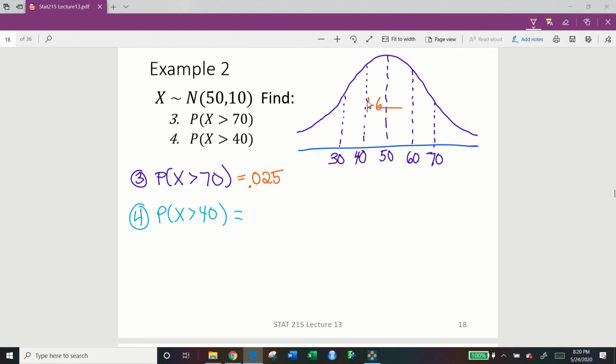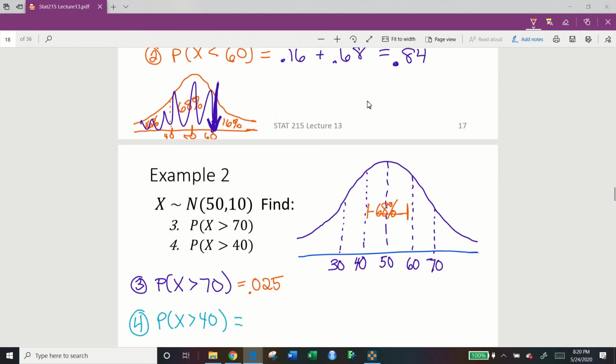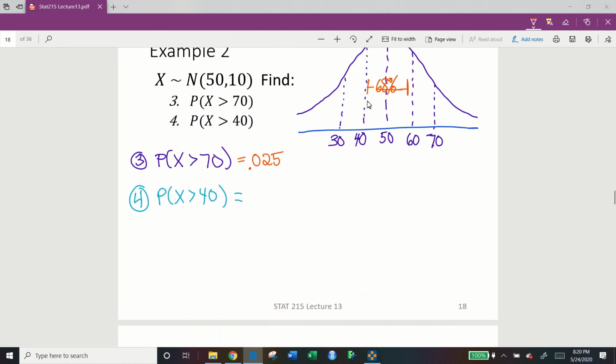So within one standard deviation, we have 68% of our data. Sorry, trying to talk and write at the same time. And that, as we did before, left 16% on either side of our data to give us a full 100%.